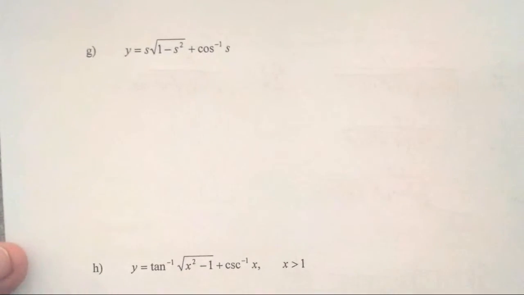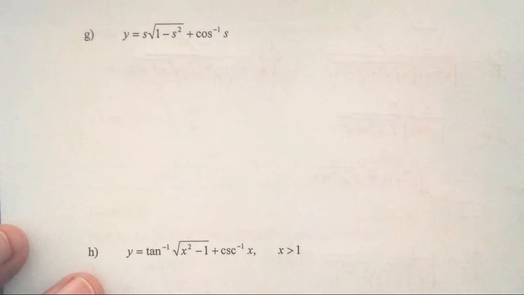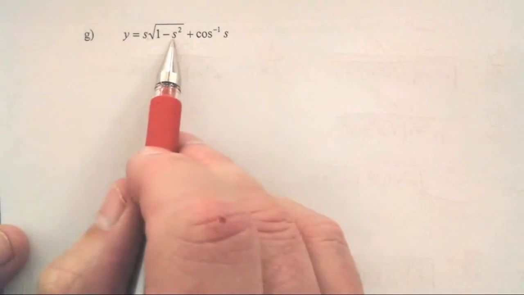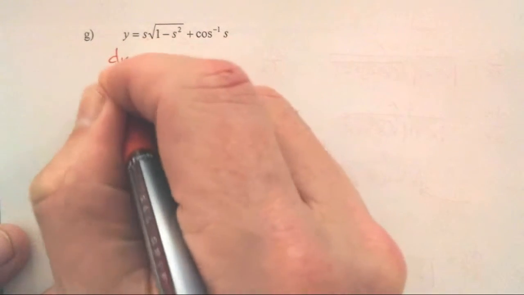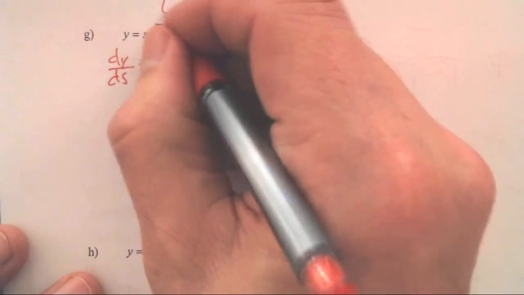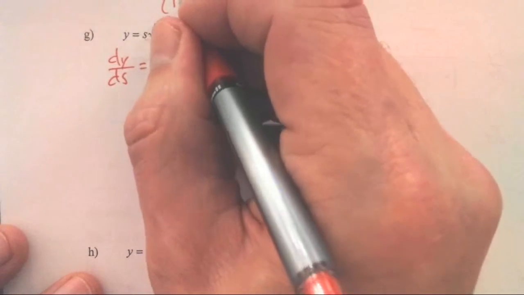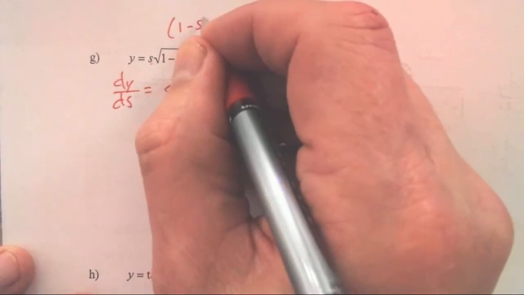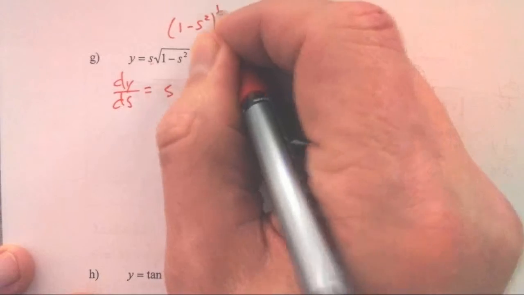Now we got a mess going on here. Let's see what we got. I've got a product rule on s, dy/ds. Product rule: I need the first function alone, and I need the derivative of the second, but the second function could be thought of as 1 minus s squared to the 1/2.